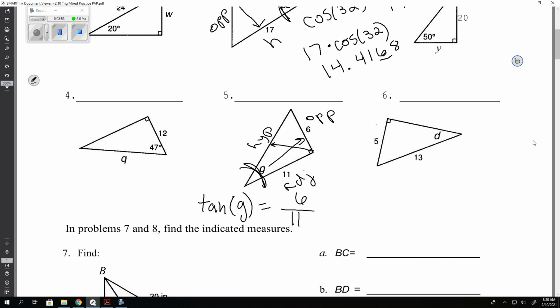Okay? And then, like we said, to find the angle, we use the inverse. So you do that -1. So the tangent to the -1 of 6 over 11. Okay.